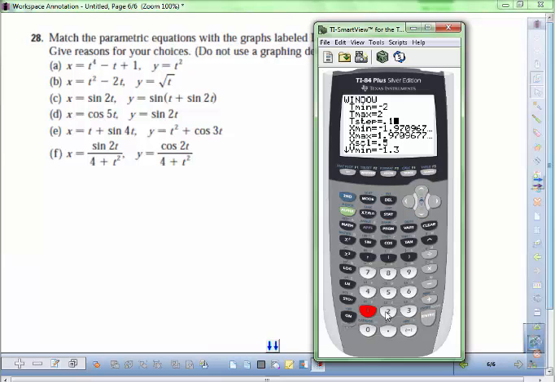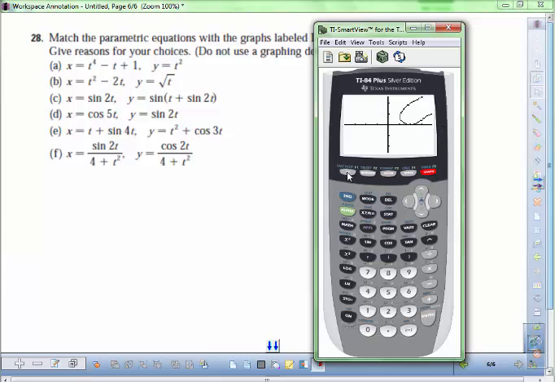We could be happy with the window that we're in, or it looks like this is being drawn in the first quadrant, so I might change that later on. For now, let's just leave it where it is and graph it again. Okay, so it looks like I might be out of my range here, so maybe I do want to stick with the first quadrant, and I do want to go beyond 1.3 or whatever I had earlier.